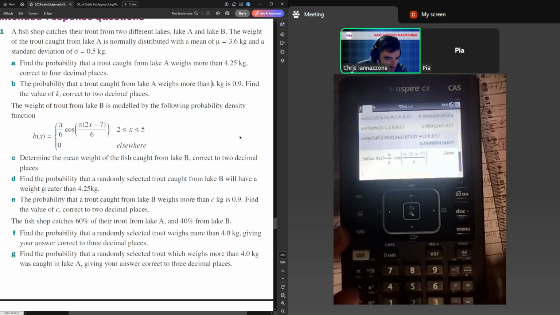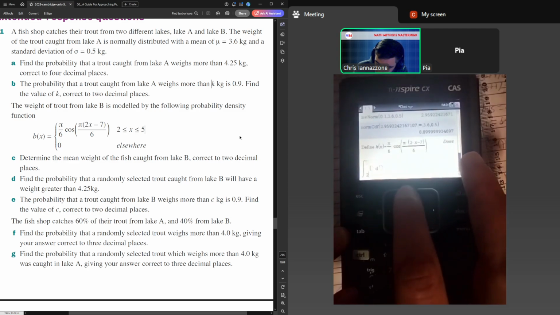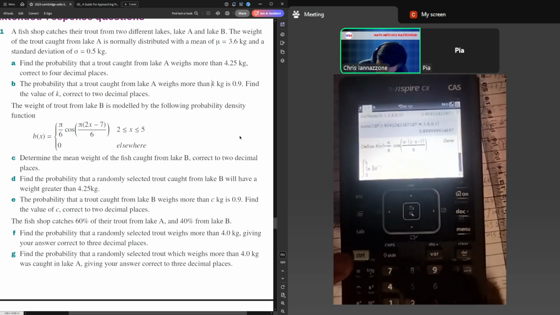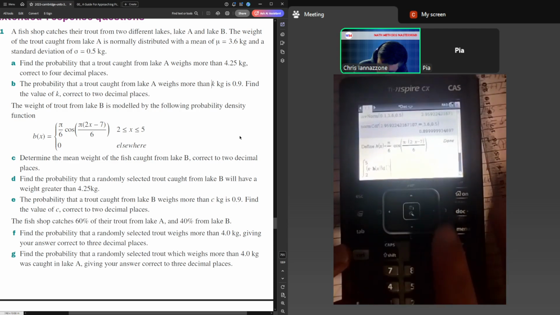You can put a domain on it from here. I tend not to. I tend to just sort of have domains in where necessary. So for instance, when I'm doing the terminals of my integral, I'll put them in there. And yeah, it's always x times f of x. So you're pretty much just doing x times h of x, and that gives you the mean.